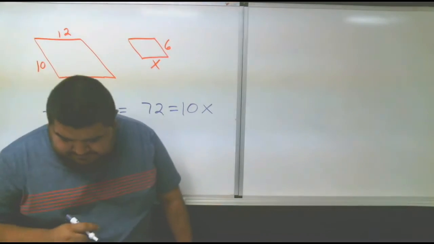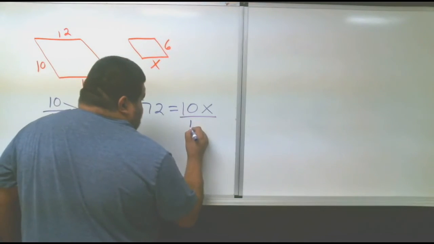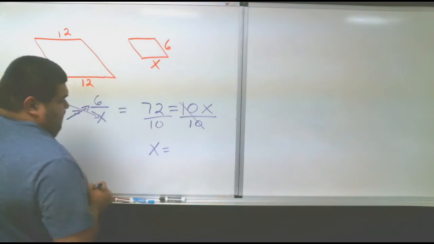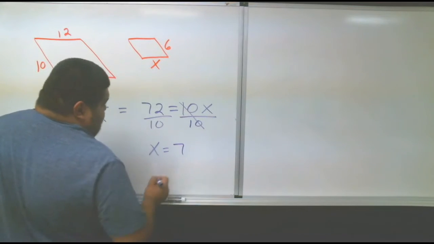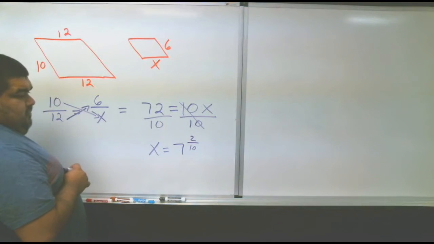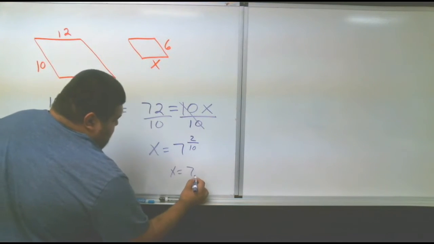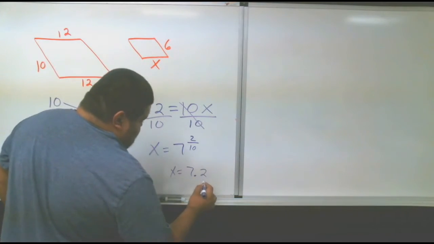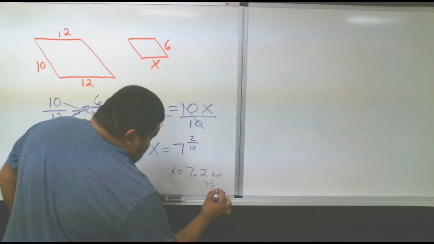Now, we divide by 10 to get rid of the 10, to leave x alone. So x equals, 10 can go into 72 7 times, and we have 2 over 10 left over, which technically means x equals 7.2 or 7 1/5.